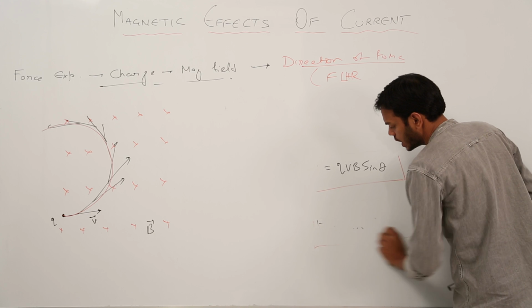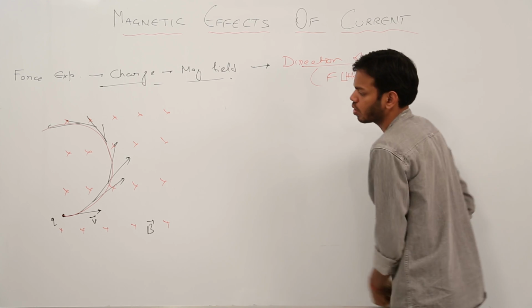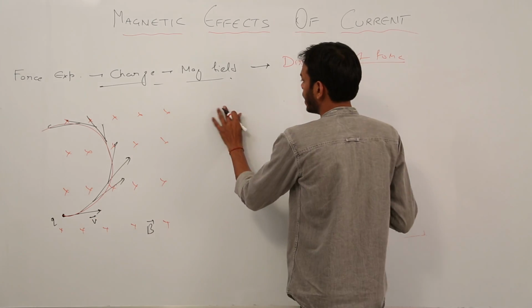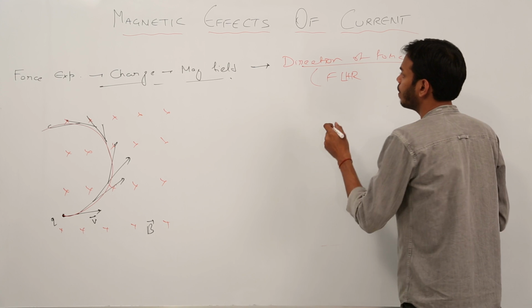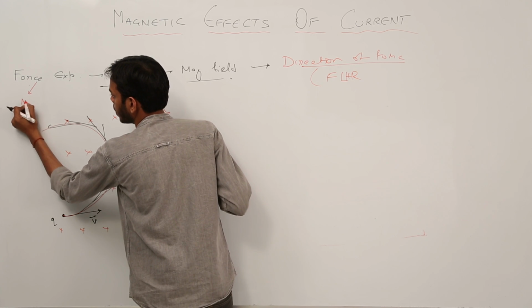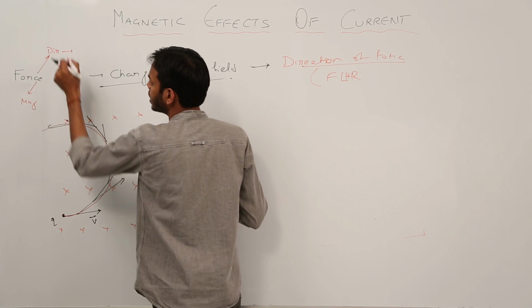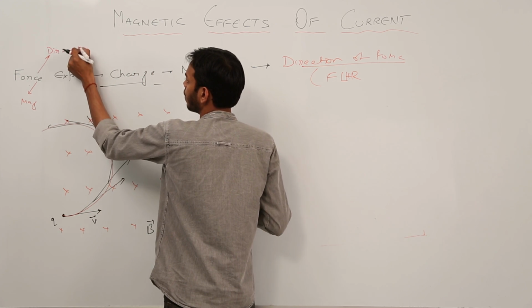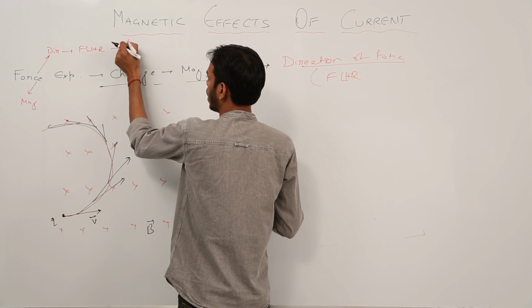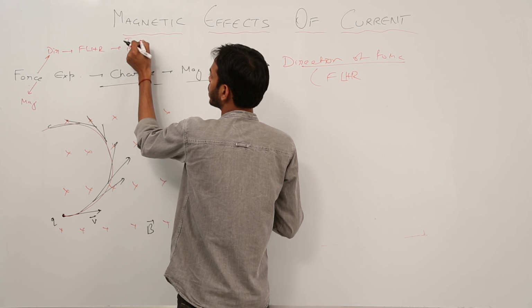Force on a current-carrying conductor, F is equal to QVB sin theta. Now you know two things. Number one, the force has a magnitude and a direction. This direction is given by Fleming's left hand rule, which gives thumb, first finger and middle finger, right?